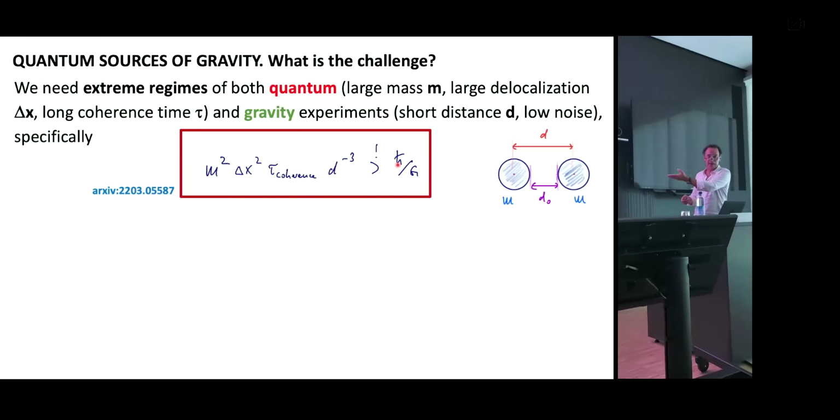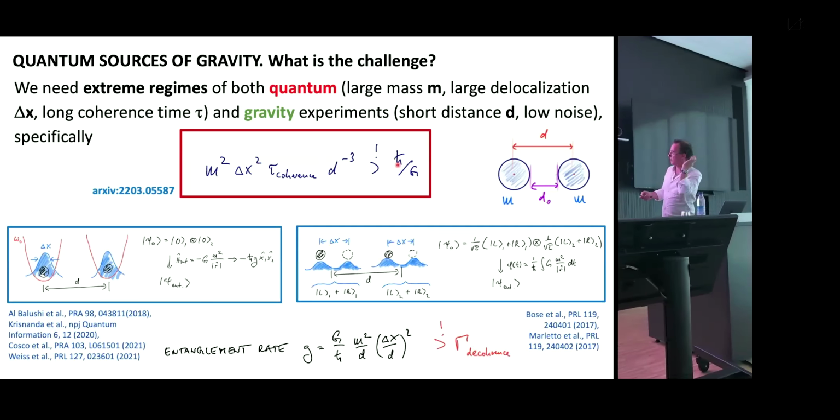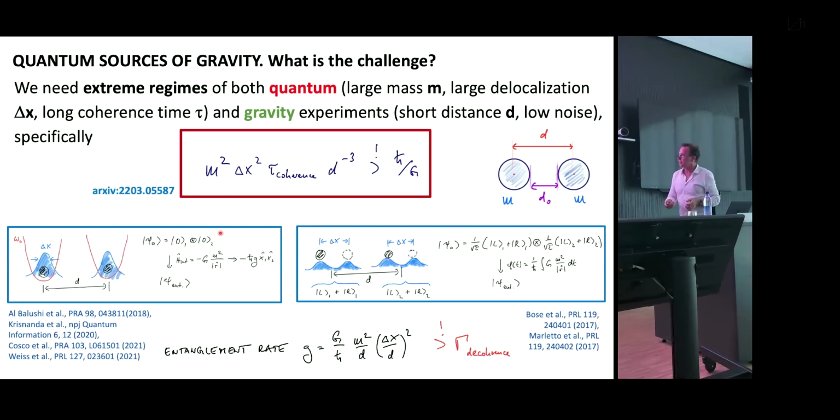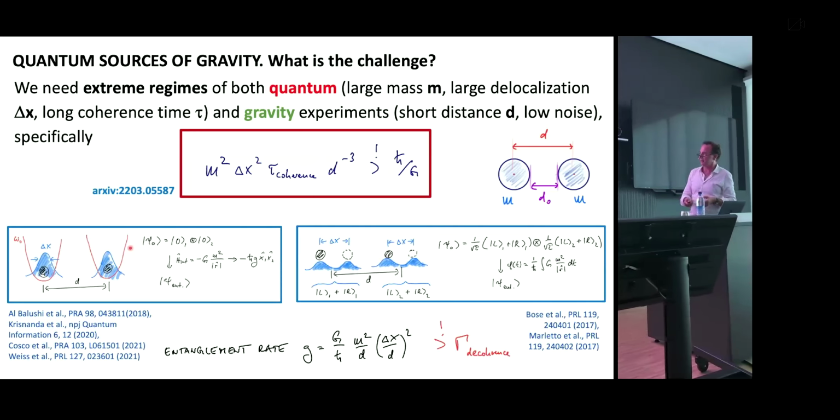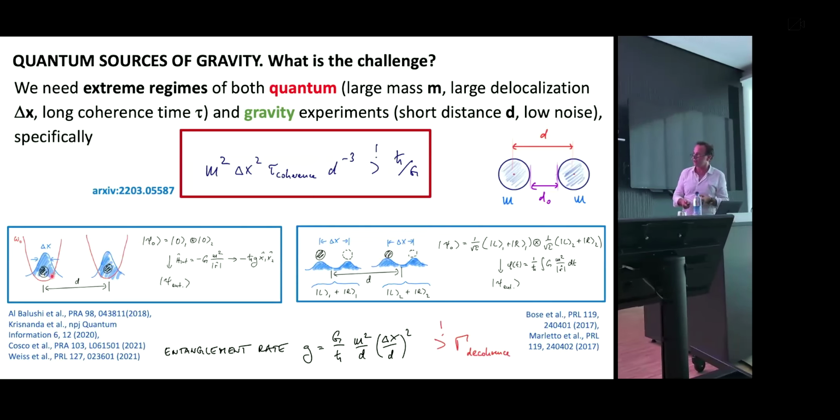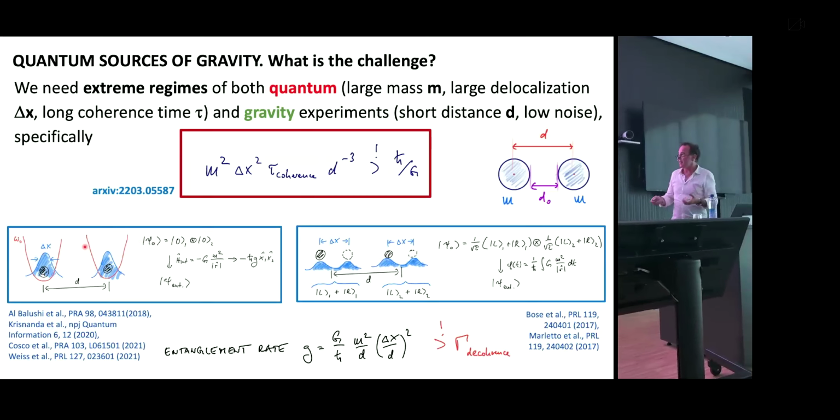I give you a teaser. How do you arrive at that expression? It's very simple. There are different ways of looking at generating entanglement. You could, for example, just have your two systems, your two masses, as quantum harmonic oscillators being kept next to each other. Delta x, the delocalization, is not just the extent of your Gaussian wave packets. The two couple with a 1 over r interaction.